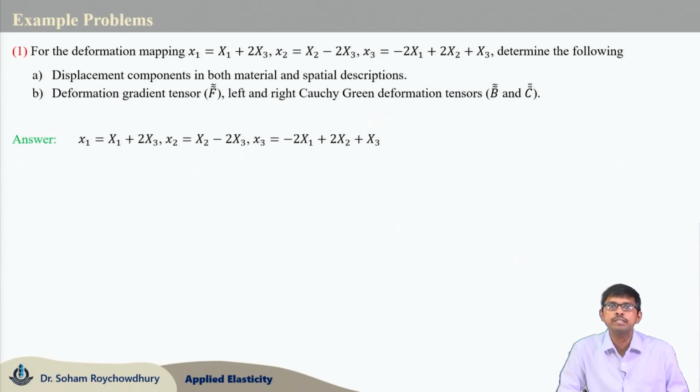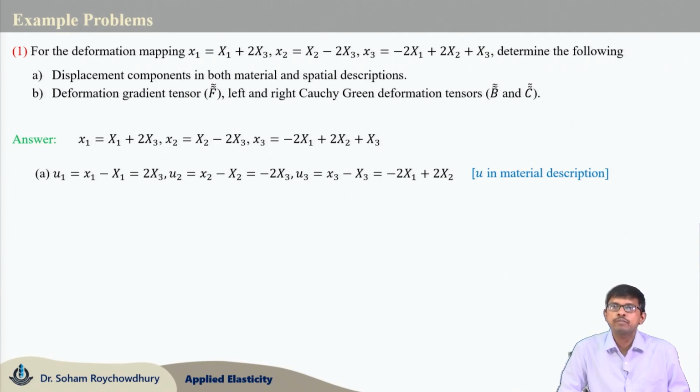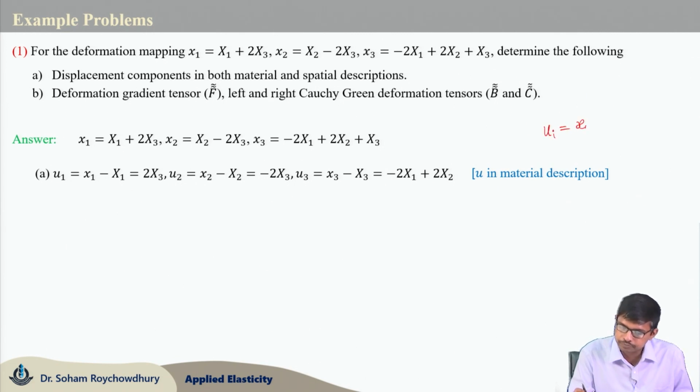So, first starting with part A, the description of the deformation is given in the material coordinates, because small x are given to be functions of capital X. The displacement components u are defined as u_i equals x_i minus X_i.